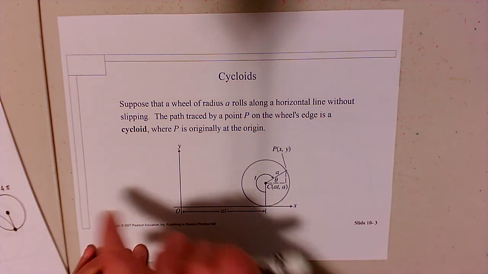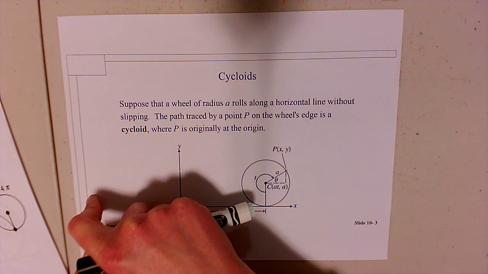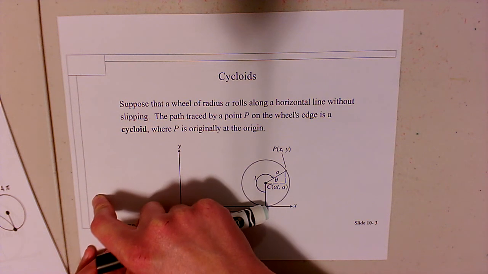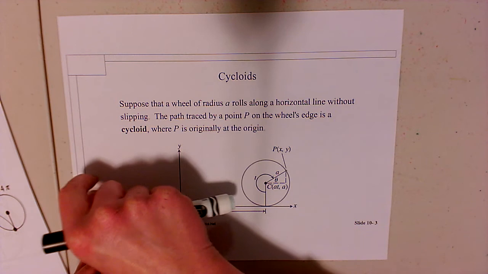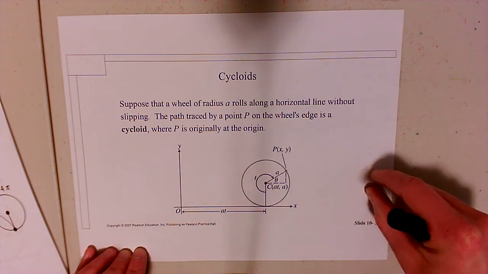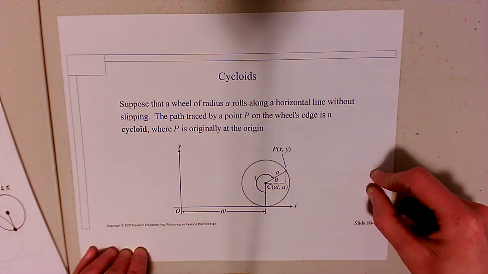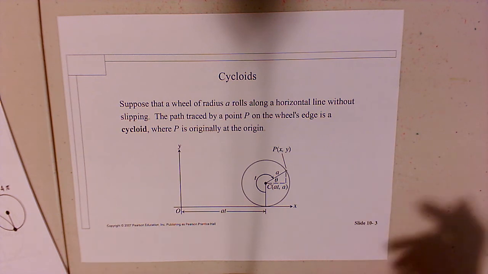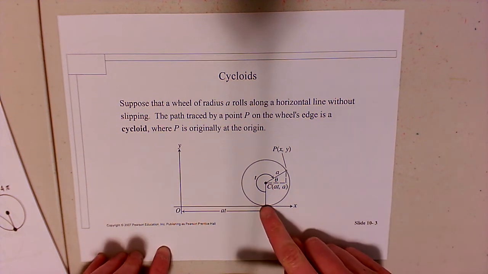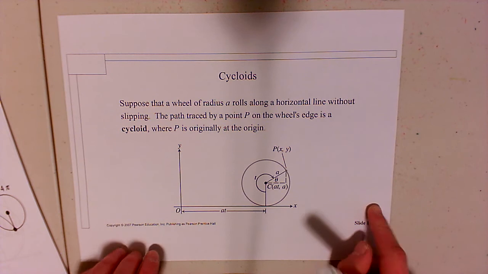As a wheel rolls, if you're watching it from a distance, you just see this object moving along a straight line. But a cycloid picks one point on that wheel and traces that one point as it moves.